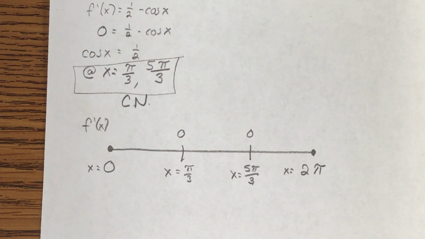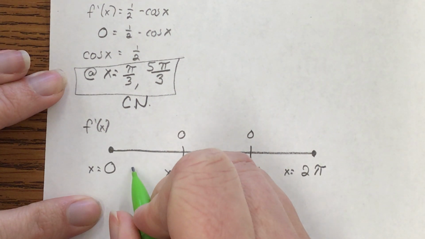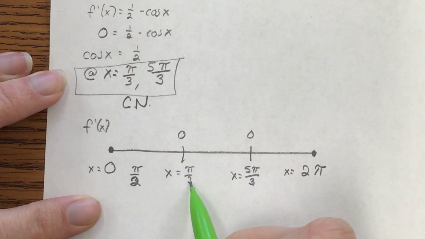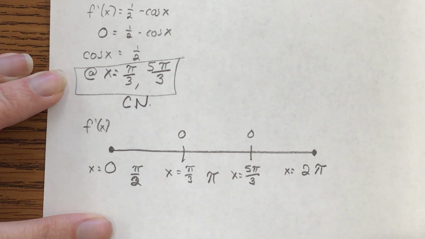So we need a number that's in between 0 and pi over 3, like, I don't know, maybe pi over 2. So let's take a look at pi over 2. In between pi over 3 and 5 pi over 3 is just pi. That's an easy one. And then in between 5 pi over 3 and 2 pi is like 11 pi over 6.